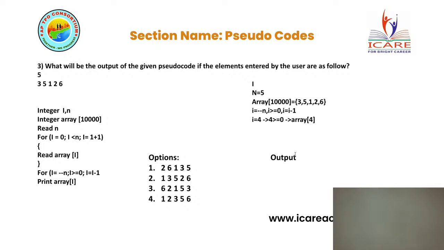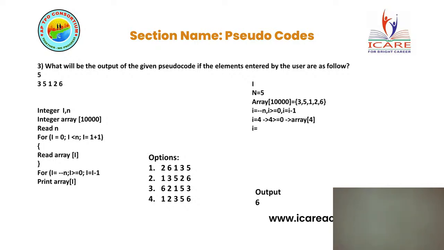So in array of 4 we are getting the value 6. So again the for loop. And in the next iteration I is equal to I minus 1. I value is 4, 4 minus 1 is 3.